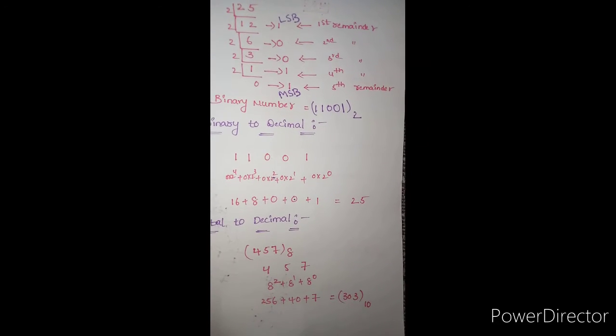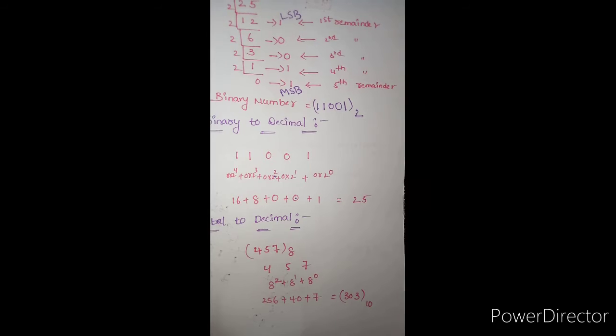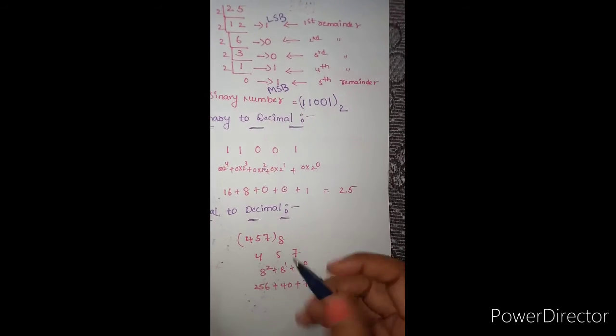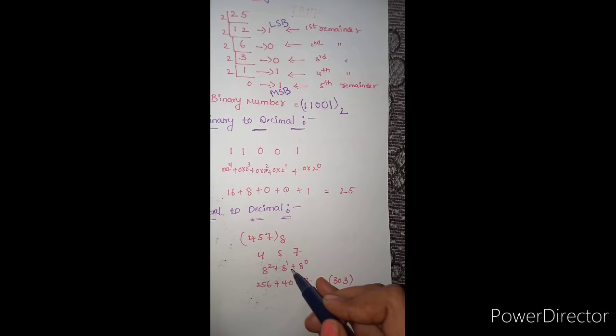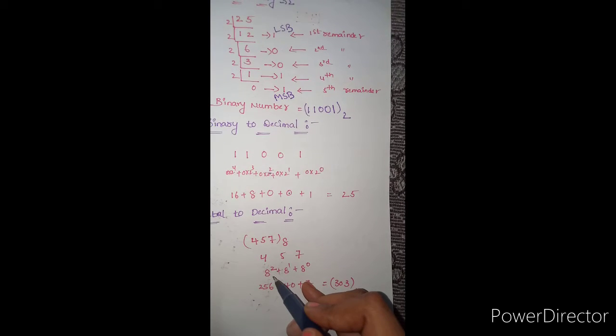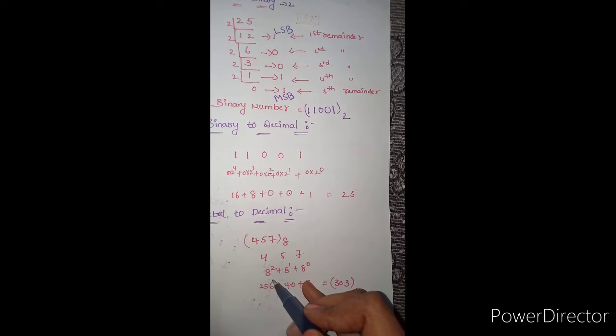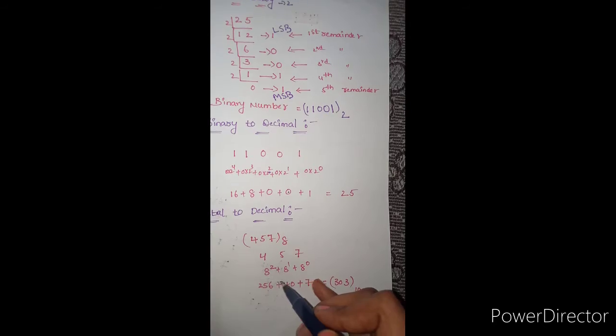Multiply each digit by its weighted power, that means here 8 power 0, 8 power 1, 8 power 2. Adding the resulting products gives the equivalent decimal number.